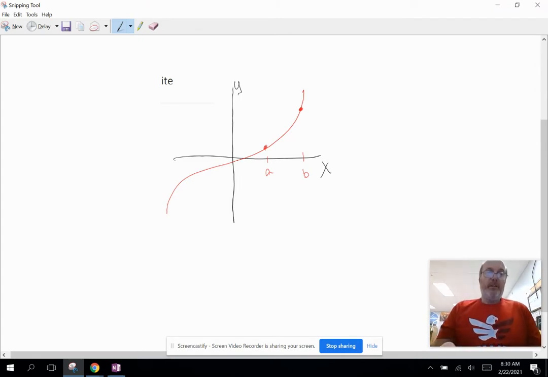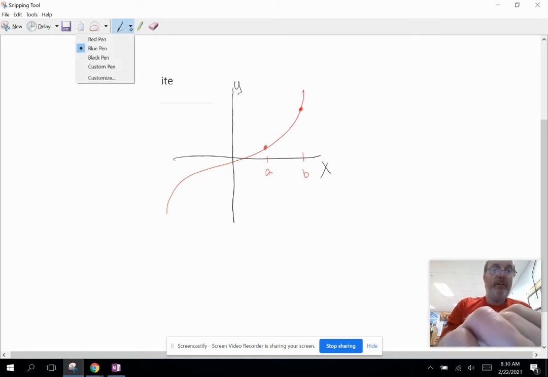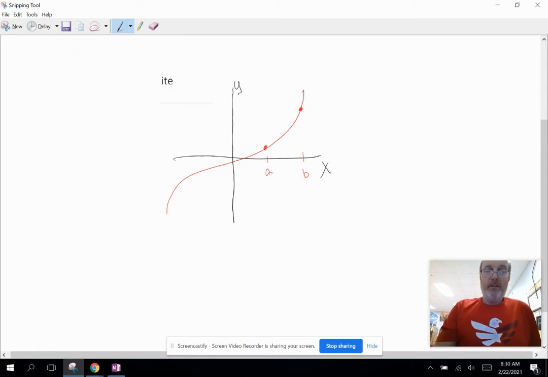So what I want to think about here is if we were to measure that arc length, we would be looking at this part of the curve. Now, what I'm going to do is take a piece of that and make it larger so that we can give you an idea of what's going to happen here.